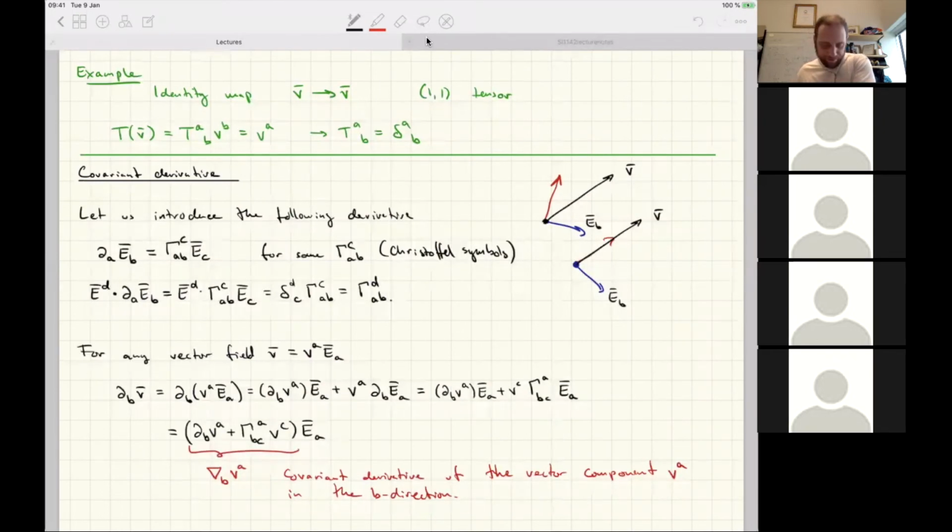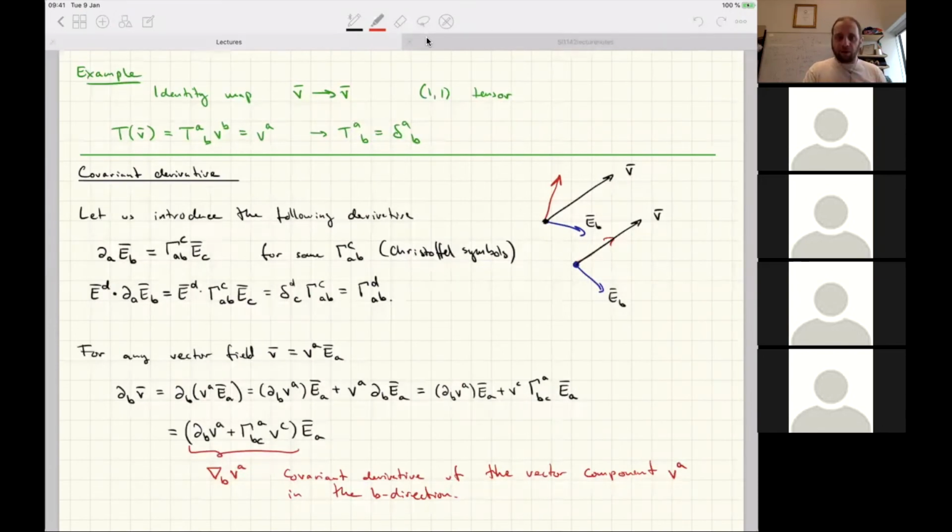So what does it mean? If we look at what the different terms mean here, the first term tells you how the components change when you move around. So if you go in the B direction, how much does the A component change? That corresponds to, if we had a fixed coordinate system, a fixed basis, that would be it, because all the change would be encoded in the coordinates.